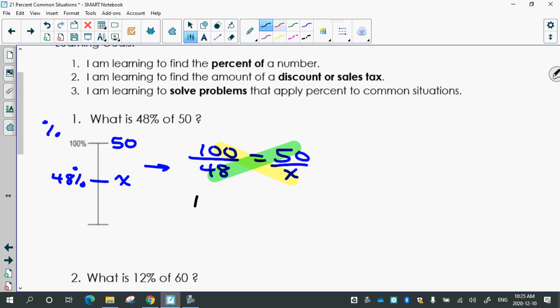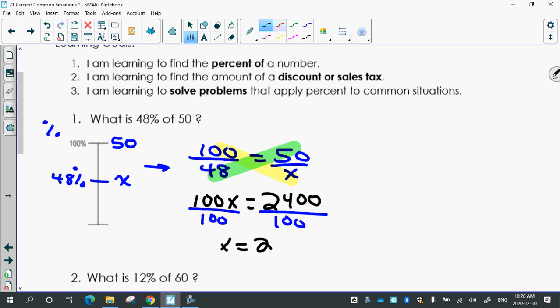So we get 100x equals 48 times 50, which is 2,400. And we get x equal to 24.